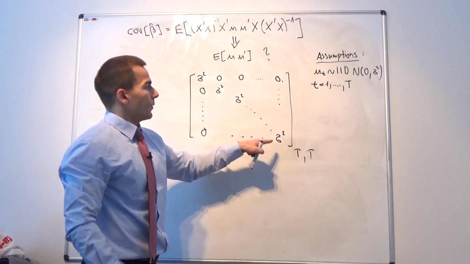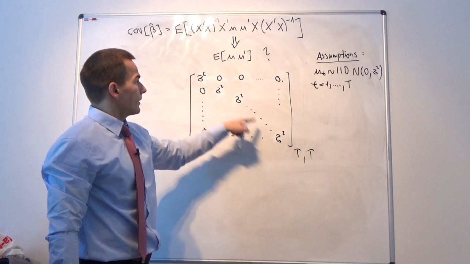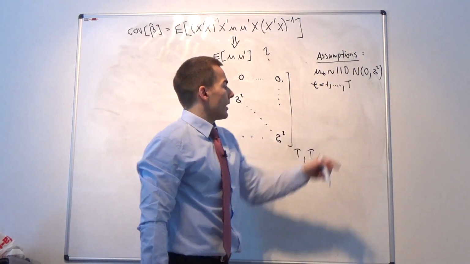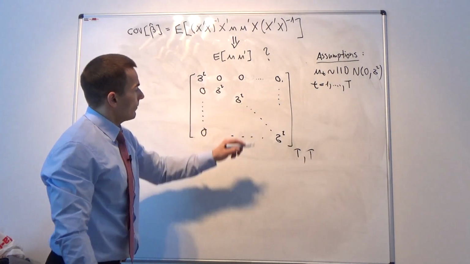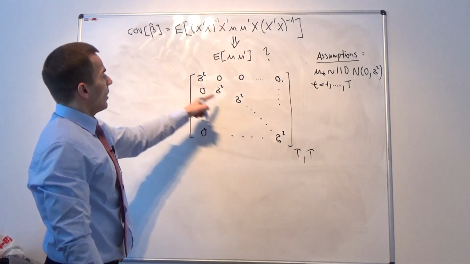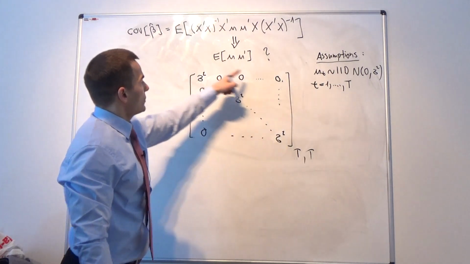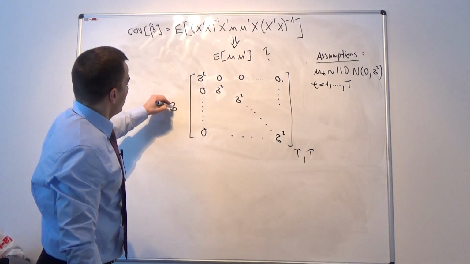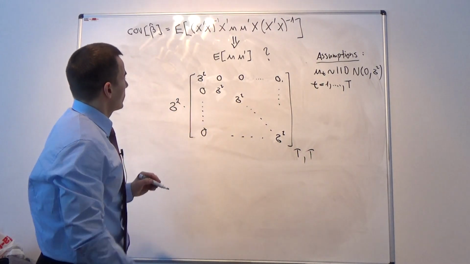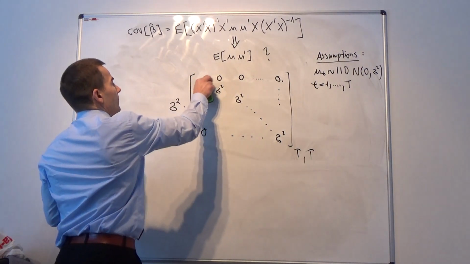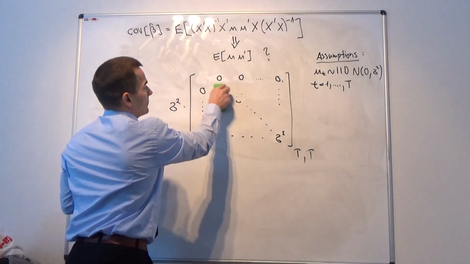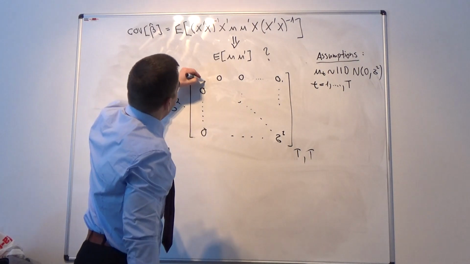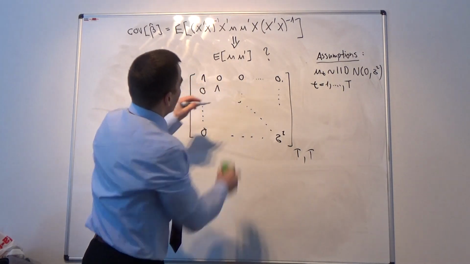We know that sigma square is a number. That's the variance of our random variable. So because it's the same, we can just move it outside the matrix. We can write the sigma square in front of the matrix, and what remains on the main diagonal are obviously ones.